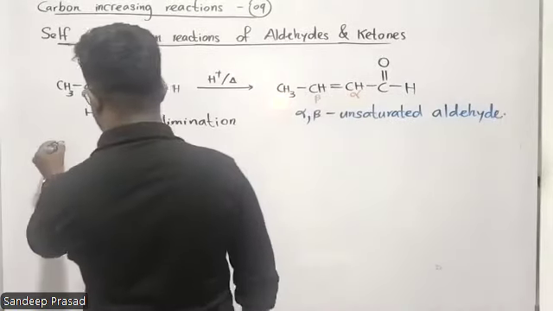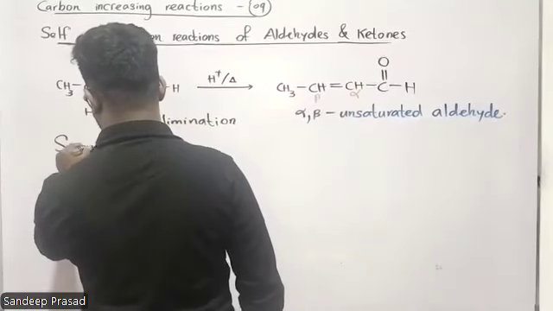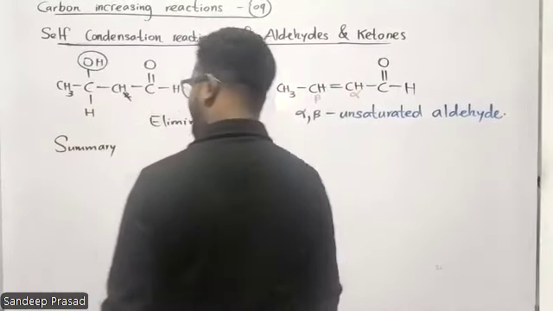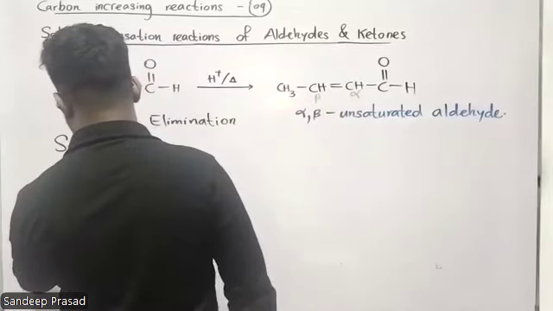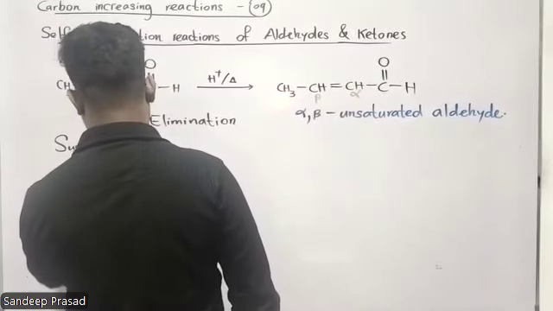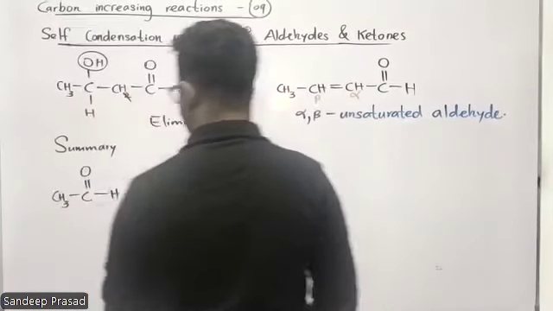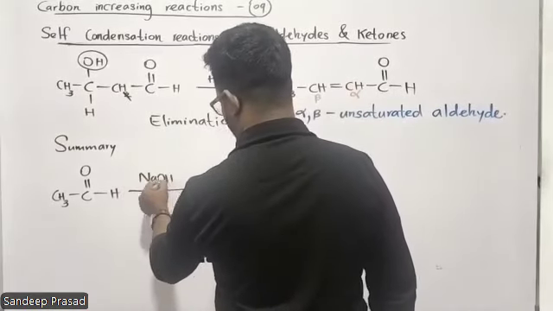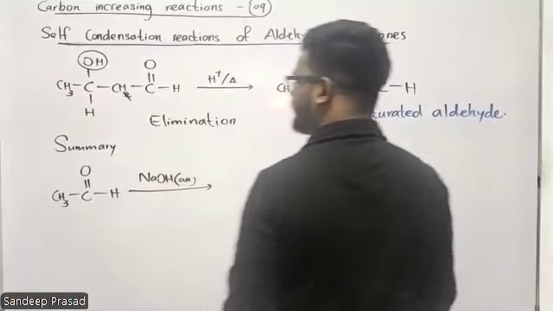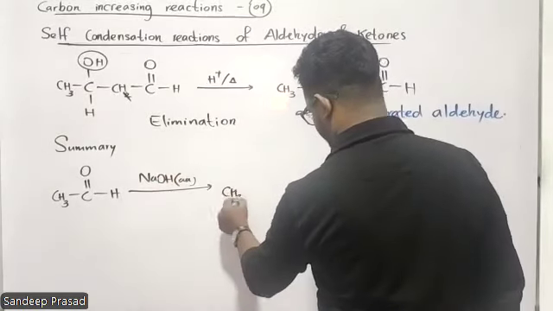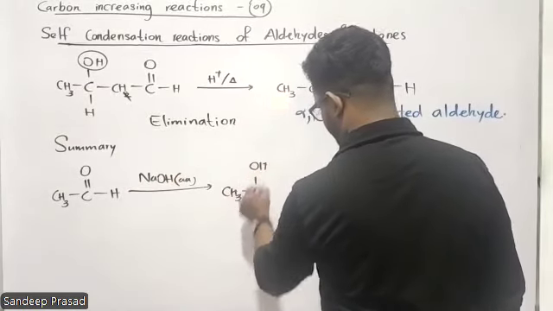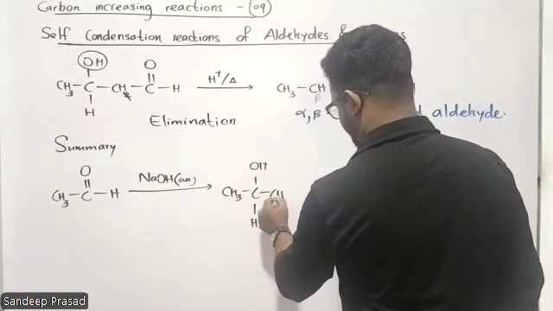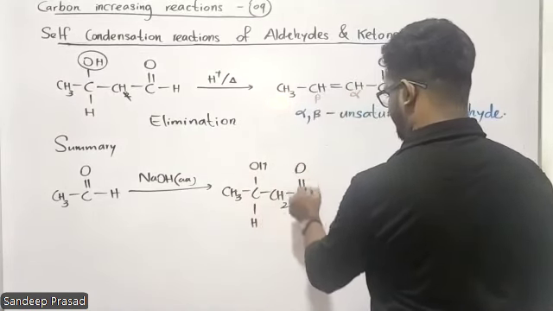Right. Now, summary of the reaction. What happened exactly? We had ethanal, CH3CHO. We had aqueous sodium hydroxide. Then it produces CH3CHOH CH2CHO.